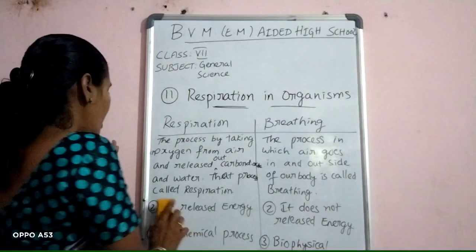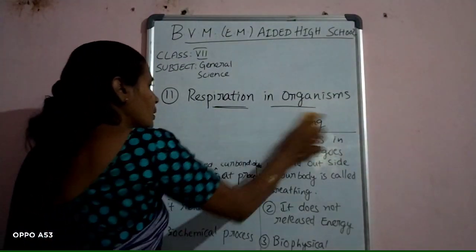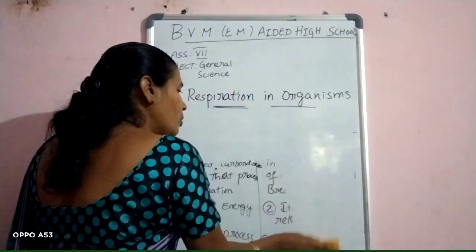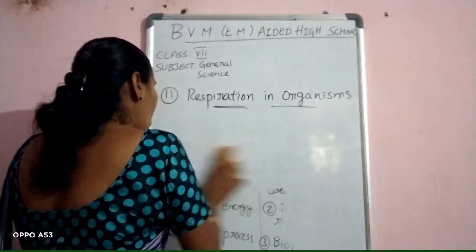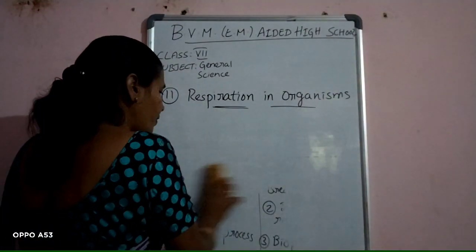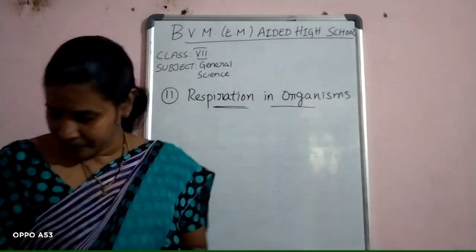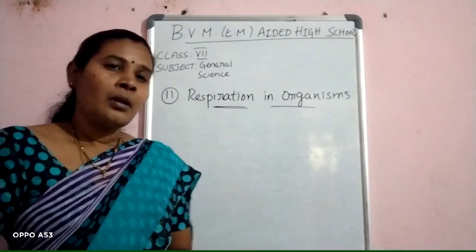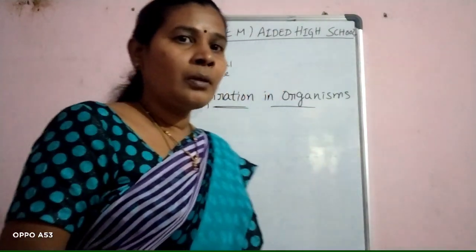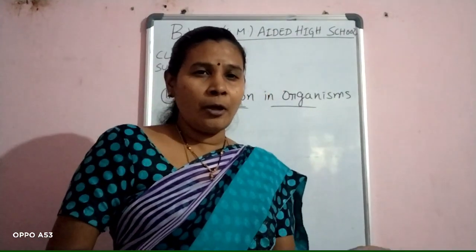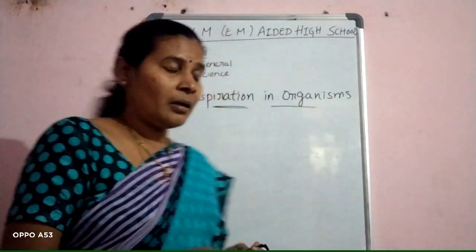With the help of an example, I will tell about respiration. I will explain how respiration happens inside our body. So, how does a car run? With the help of petrol, cars run on the road.